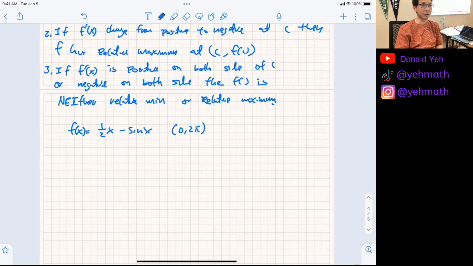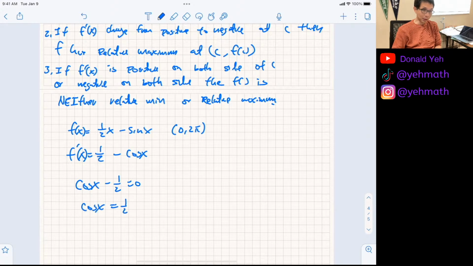So the testing value is a little bit interesting here. Let's take a derivative of this. What's the derivative of this? Minus cosine of x, right? Yep. Let's find the critical numbers.